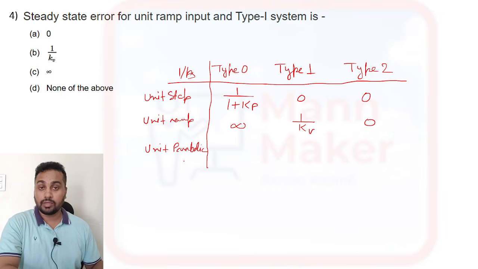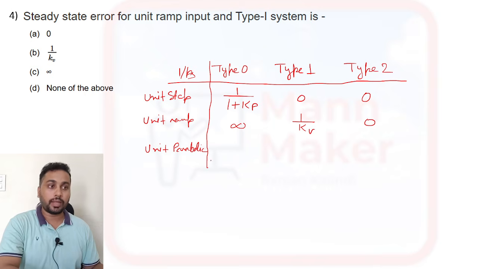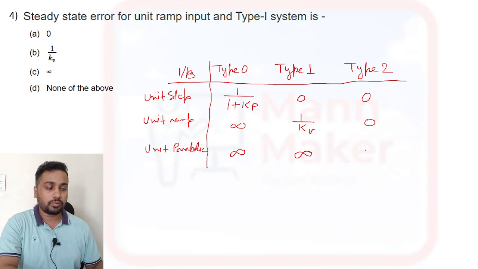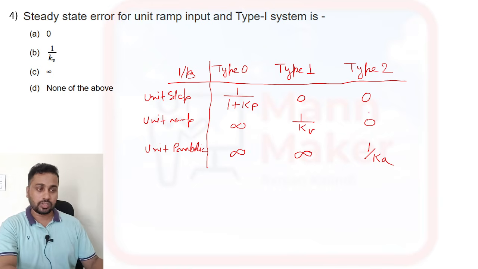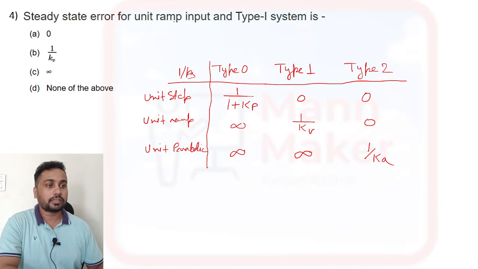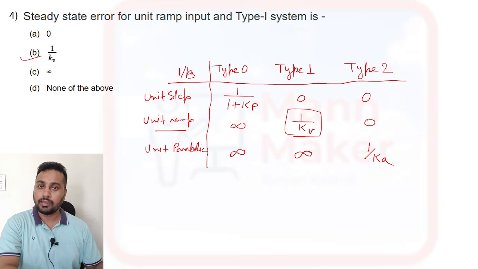For unit parabolic input, type 0 is infinite, type 1 is infinite, and type 2 is 1 by Ka. This is the table that you also need to remember. Here they have asked for ramp input and a type 1 system, so the answer will be 1 by Kv.